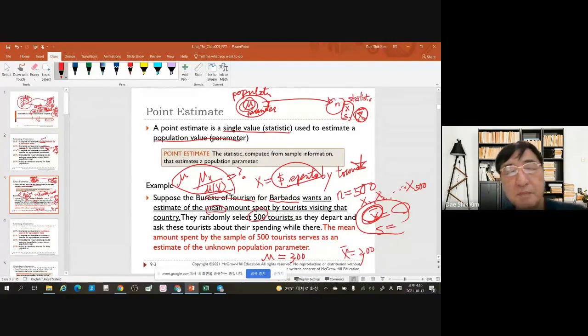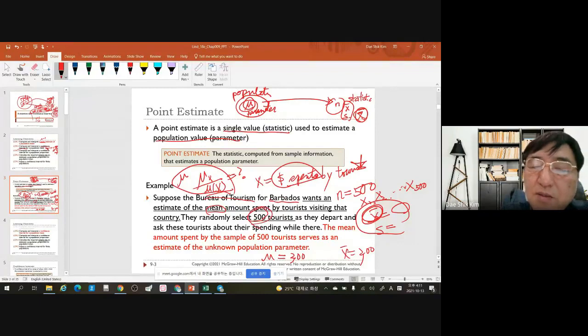It is a point estimate, but it is not very accurate. It may include lots of error, because one extreme person may have spent $2,000, or only $10, a very big or very small number, and that value will influence the estimate. So it could be reliable when n is large enough.